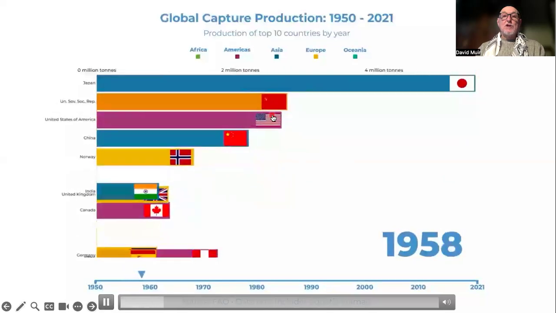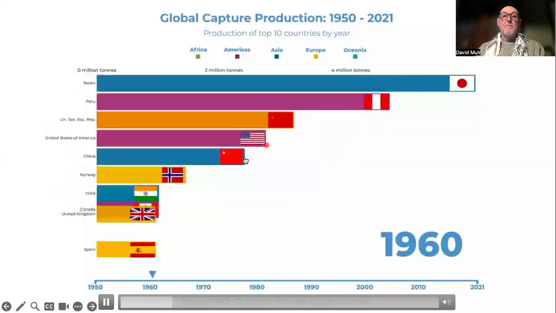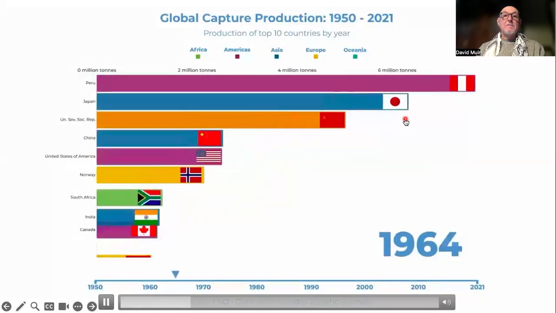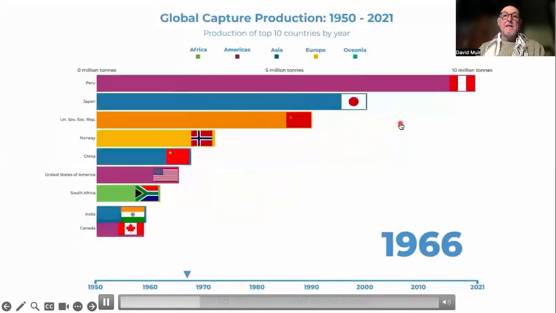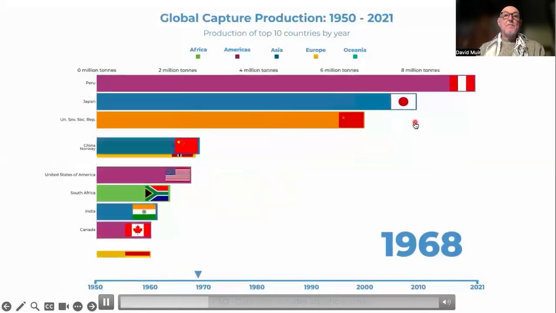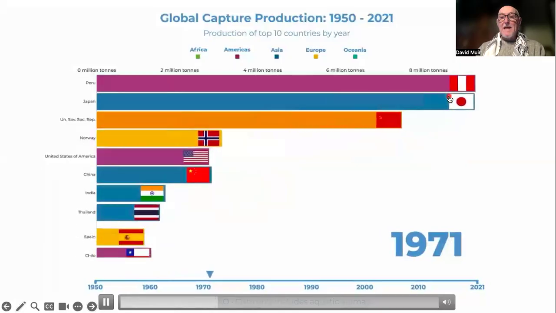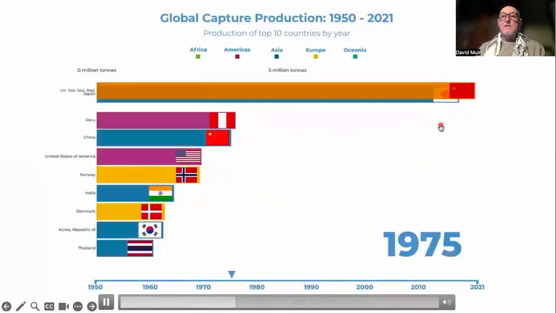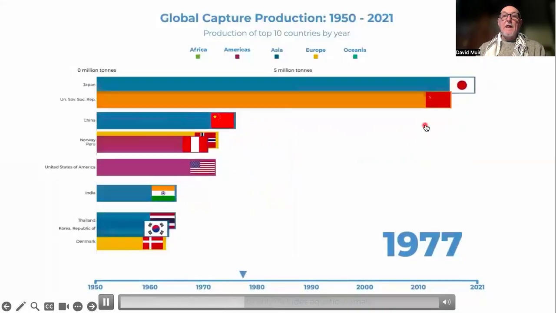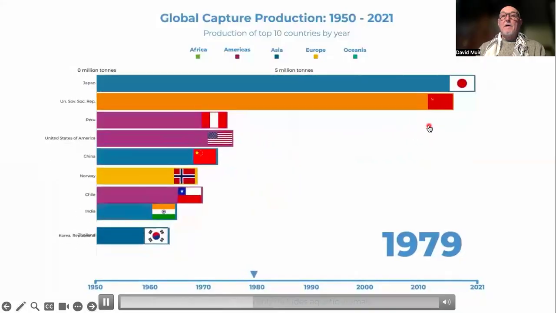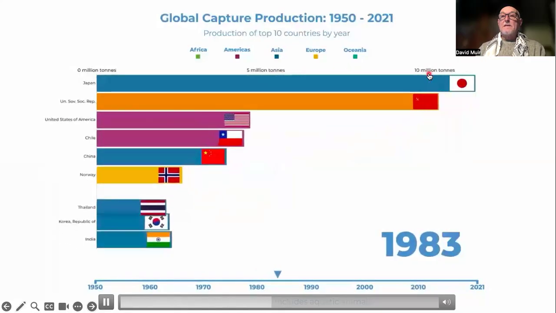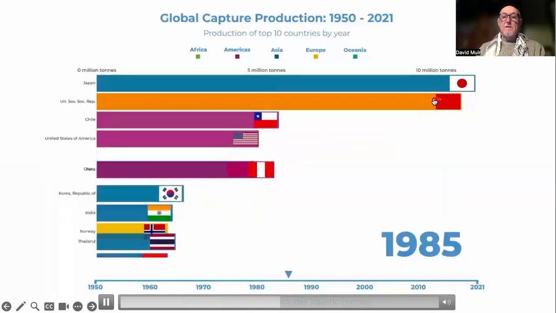Okay, now watch China. Watch China as it comes up. There goes Japan. Japan's maintaining its fisheries, but it's not gaining. Peru was a major fishing nation. It reduced its impact. Here is China. Now watch this. 10 million tons.